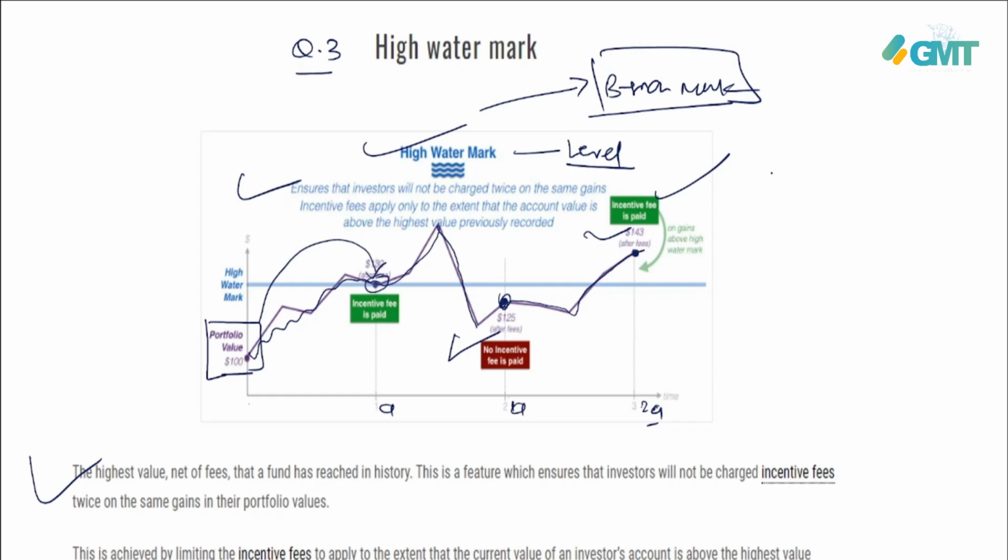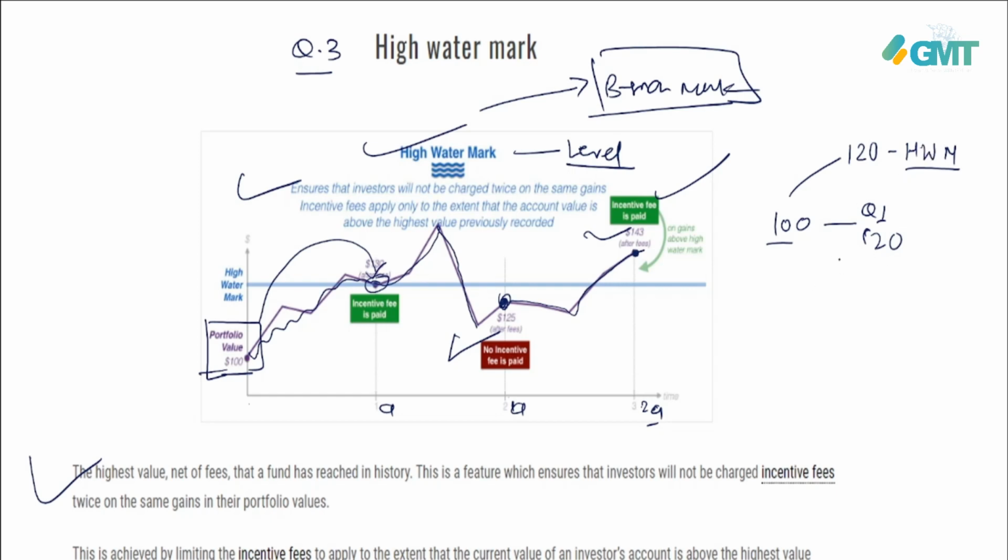If you take the example of the high water mark, let's say the NAV of this portfolio is 100, right? So in quarter 1, the fund NAV reached 120, and let's say the high water mark was set at 120. Right, high water mark.